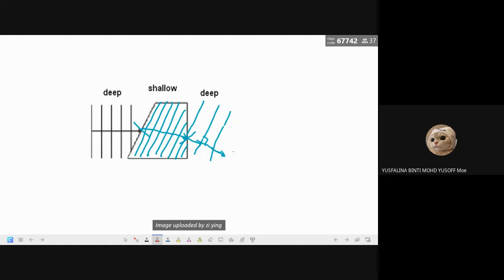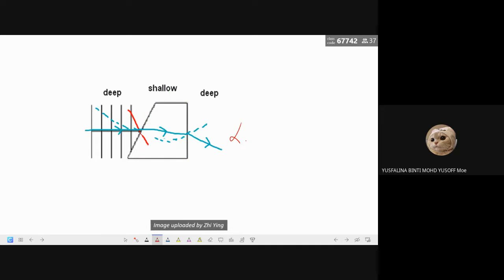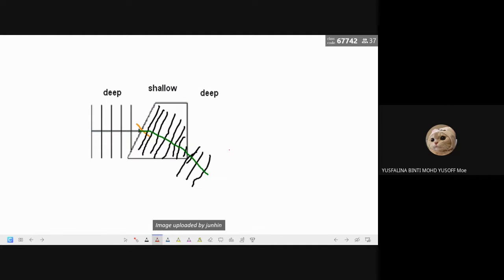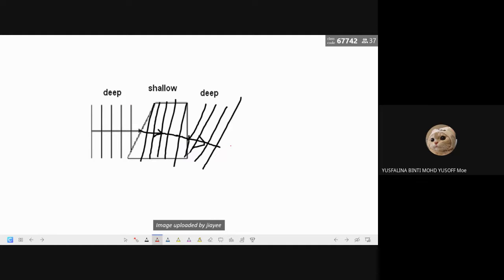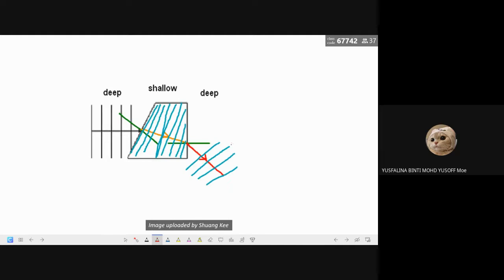Wrong. Correct. Correct. Okay, correct. Yeah, but there's no normal line here, so wrong. Okay, wrong. Okay, this one also. Okay, this one is correct. Make sure you draw the normal line. Okay, very good, Shonki.